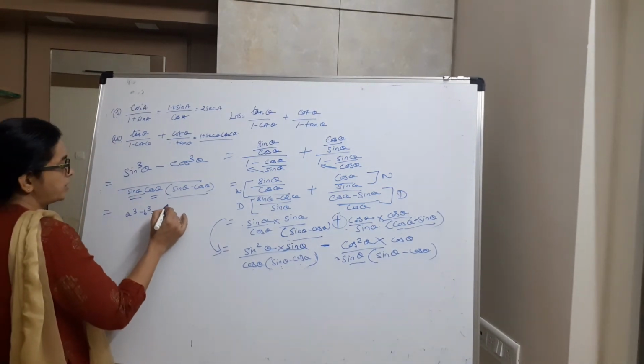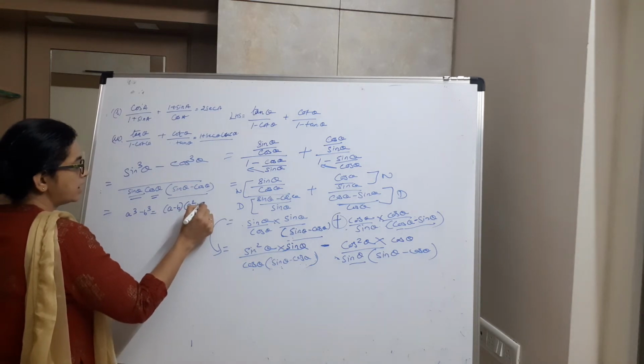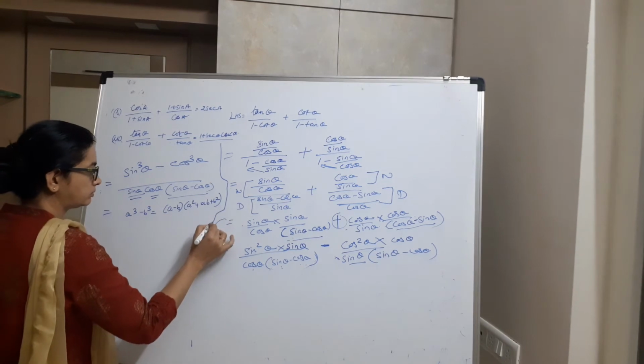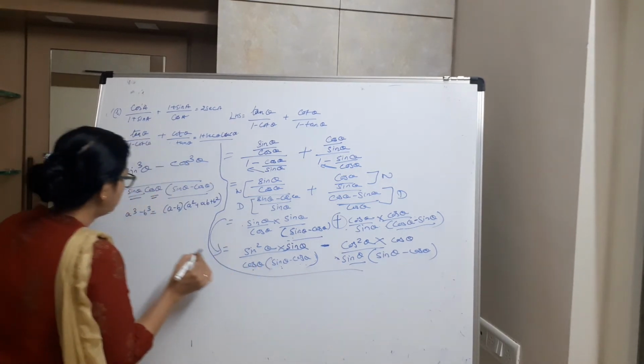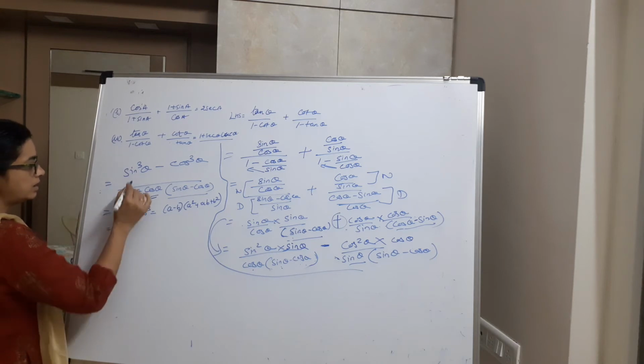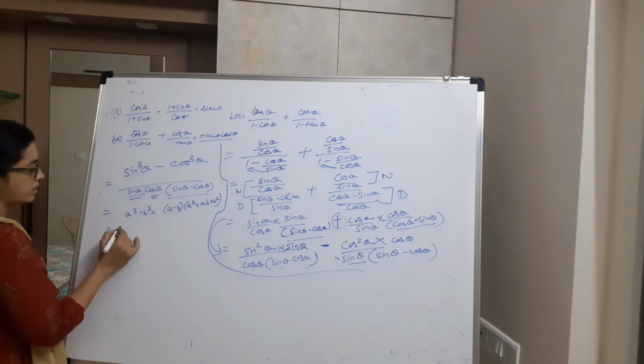Now a cube minus b cube is equal to a minus b, a squared plus ab plus b squared. Now we'll use this identity and we'll get our result. We'll replace a and b with sine and cos.